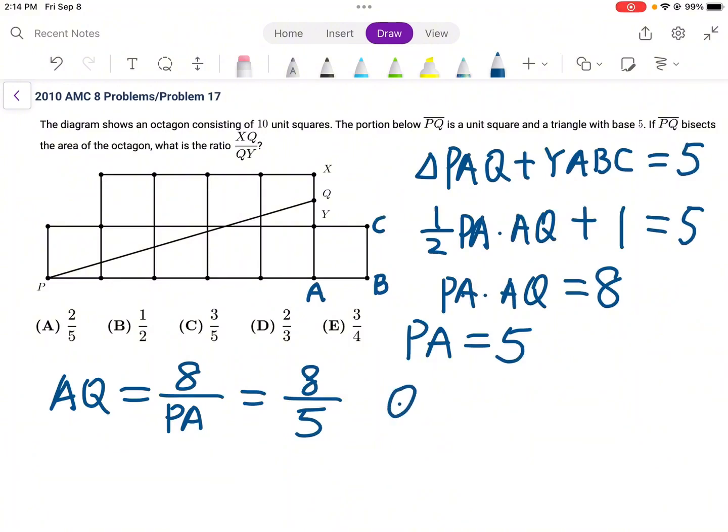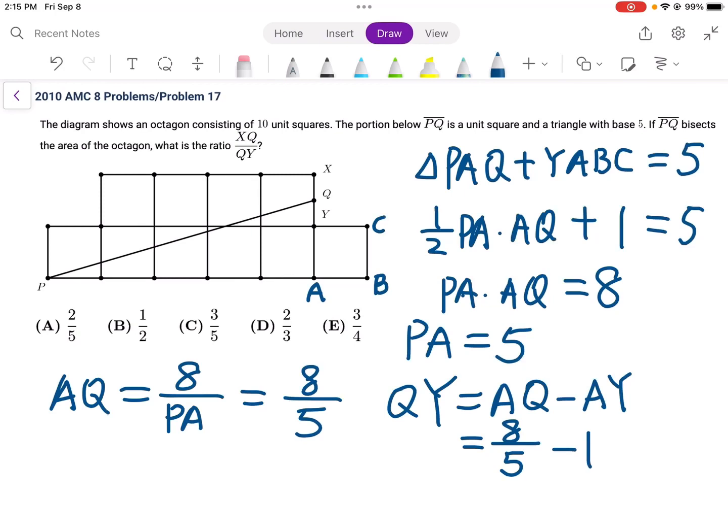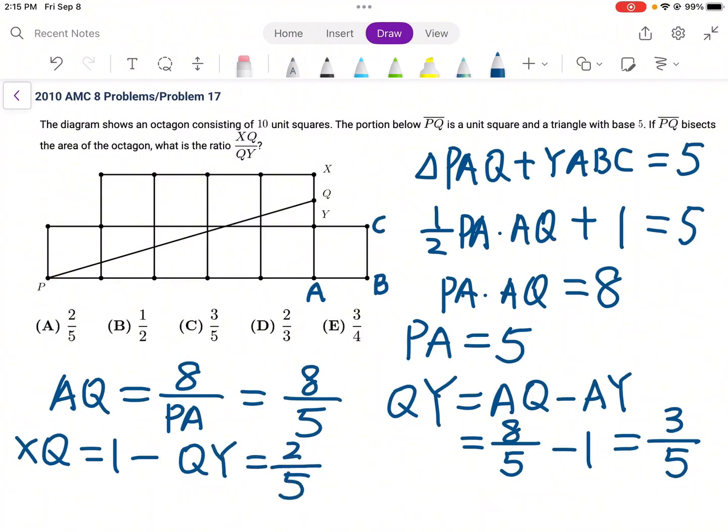So QY equals AQ subtract AY, which is 8 over 5 subtract 1, that equals 3 over 5. Then XQ equals 1 subtract QY, and that's 2 over 5.